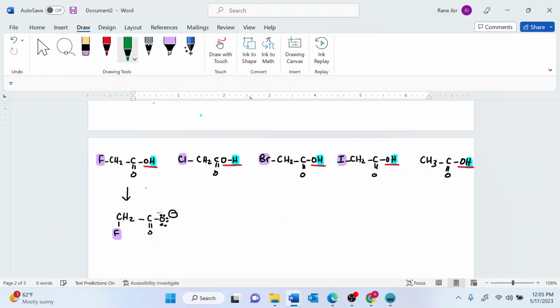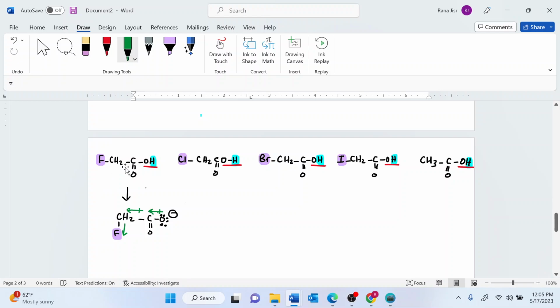It's going to pull electrons more from the oxygen, distributing the charge over a larger surface area, compared to the chlorine, the bromine, and the iodine. So this is going to make the conjugate base more stable, and it's going to make this acid a stronger acid.